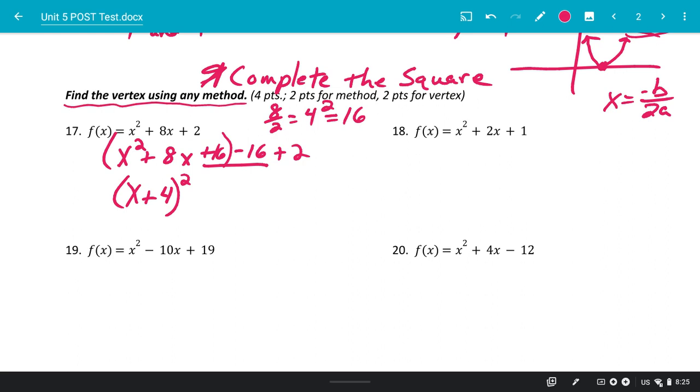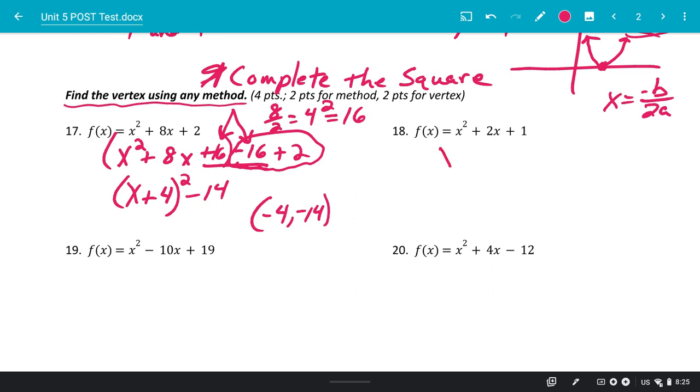Now, there's a lot of people that didn't put in 16 and minus 16 there. They put in plus 4 and minus 4. So that was one common error. But anyhow, I can finish this thing out by adding those two constants together, which is a negative 14. Now I can see my vertex easily is negative 4, negative 14.